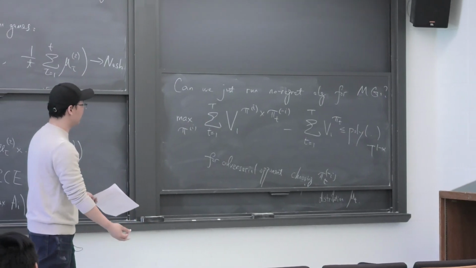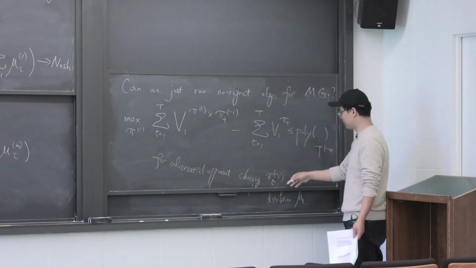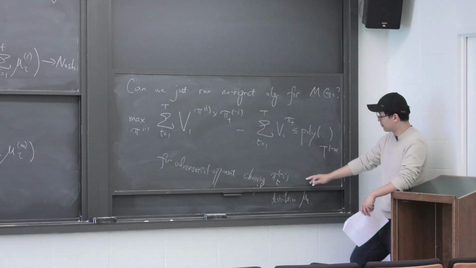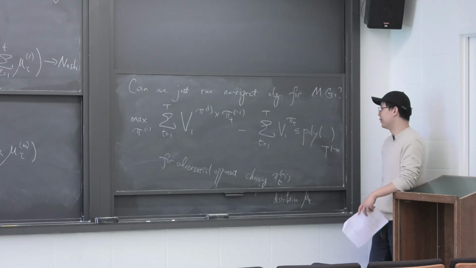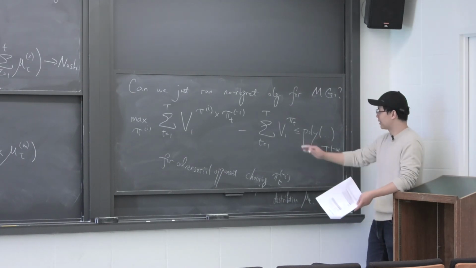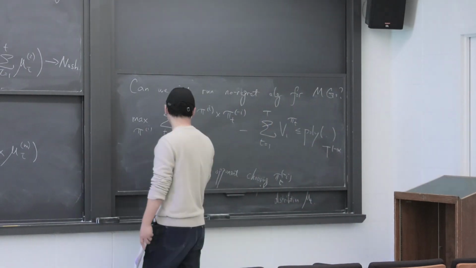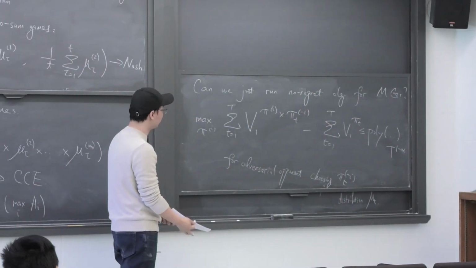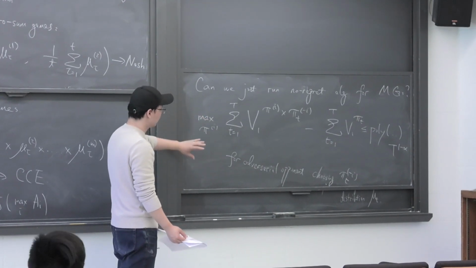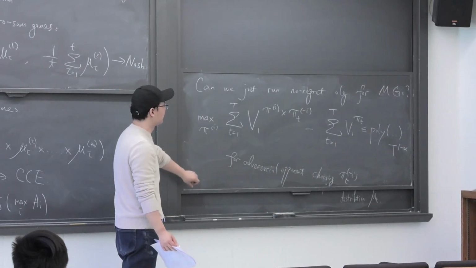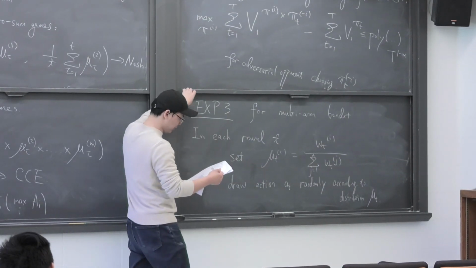Such a guarantee is basically saying, if my opponent is adversarial, he just chooses whatever policy for the other player, and this is the total expected reward I'm going to receive, and this is the best utility I can receive in hindsight if I'm always playing some fixed Markov policy. And I want to achieve some sublinear regret. And it turns out this is unfortunately not possible.